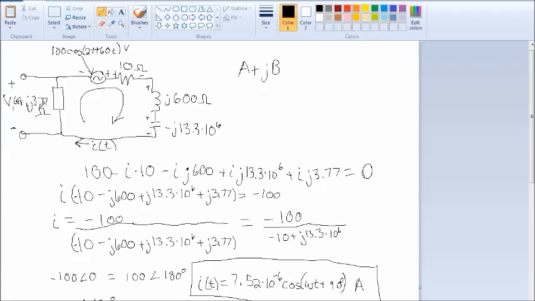Well, the polar form of this impedance, this is purely reactance. It's purely imaginary impedance. So you know that angle is going to be 90 degrees because it's in the positive form. So this is going to be 3.77 angle 90 degrees.